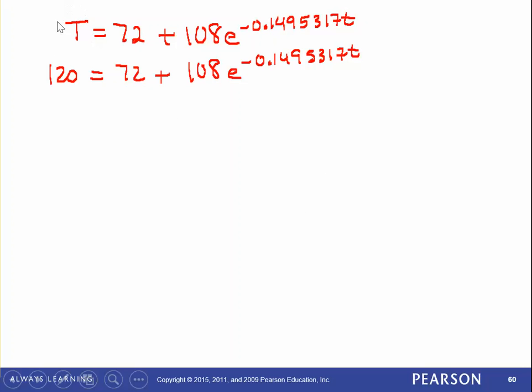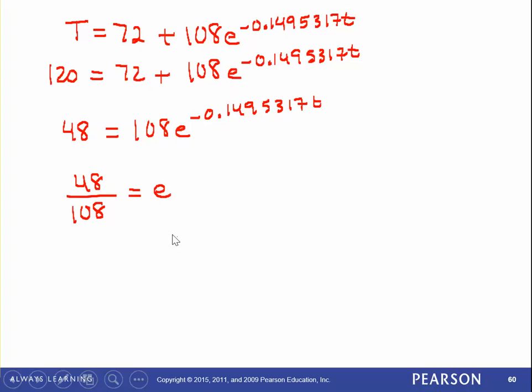So yes, capital letters, lowercase letters do mean different things in mathematics. Okay, how about subtract 72 from both sides? Gives you 48. Hopefully you guys are done already. Let's see, dividing through by 108 gives you 48 divided by 108, e to the negative blah blah blah that's there.